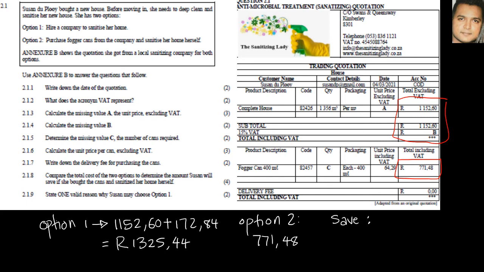Alright, so determining how much you would save, we'd say 1325,44 minus the 771,48, and that would give us an amount of 553 rand 96 cents.